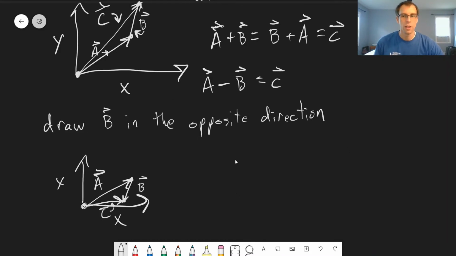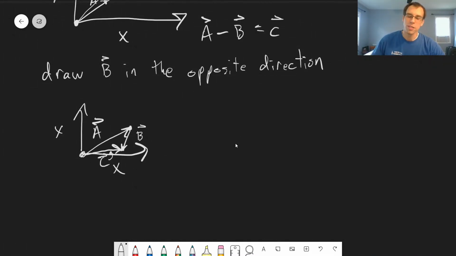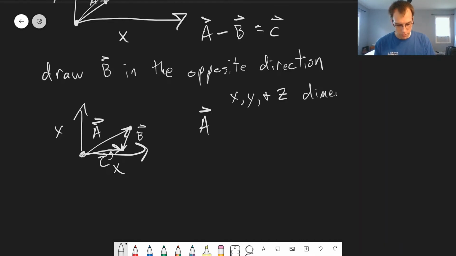Now, it's usually not practical to always draw out our vectors explicitly like this. And so what we often do is we'll take our vector, say A, and say we're representing this in 3 dimensions, x, y, and z dimensions. So say this is a vector representing something happening in this room, where we have 3 dimensions to worry about. We can break down our vector into its components along each of those directions.